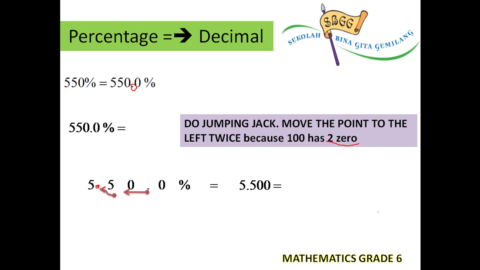As I told you before, if there are zeros at the end after the point, you just cross them out because they have no value. So 550% is equal to 5.5.